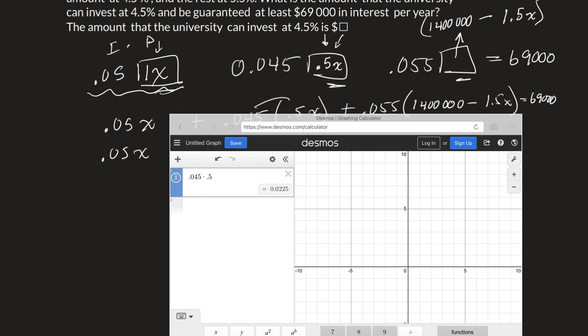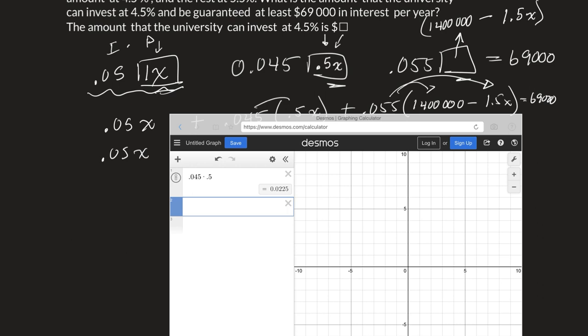And then the other one I have to FOIL through.